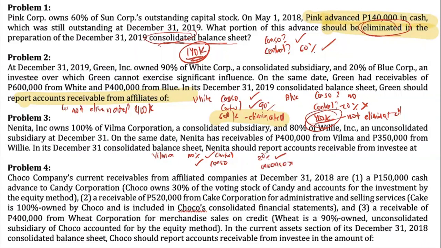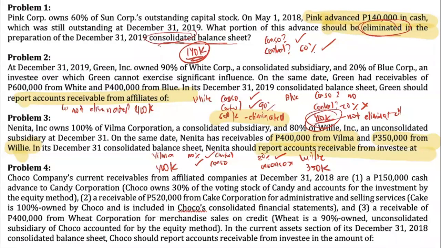Unconso, so bawal yan. Tapos, si Nenita may receivable na 400,000 kay Vilma. At kay Willie naman, meron siyang 350,000. Ang tanong, what should be the amount reported?